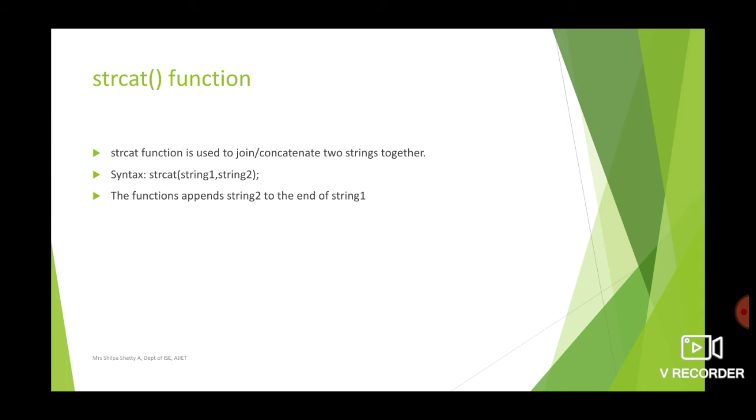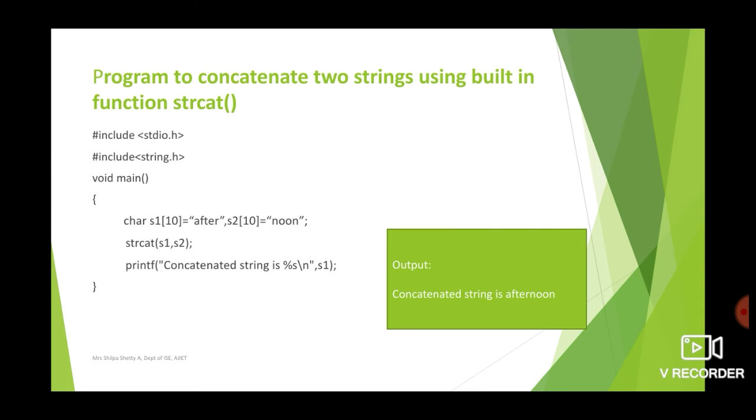Let us see a simple program to use the string cat function, using the built-in strcat function. #include <stdio.h>, #include <string.h>, void main. Let us declare the two strings and initialize them with values: char s1[10] = "after", s2[10] = "noon".